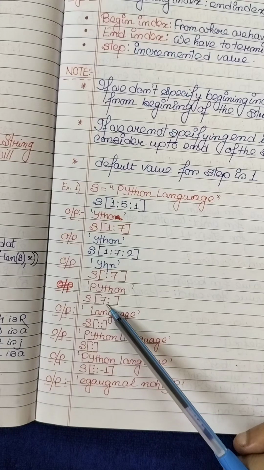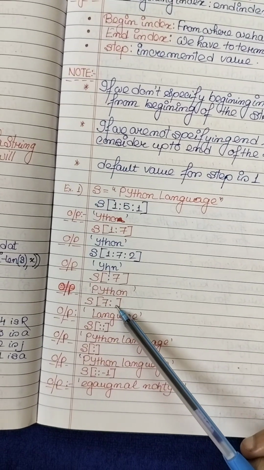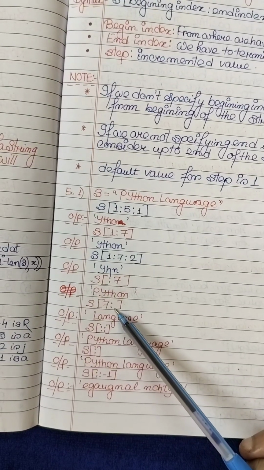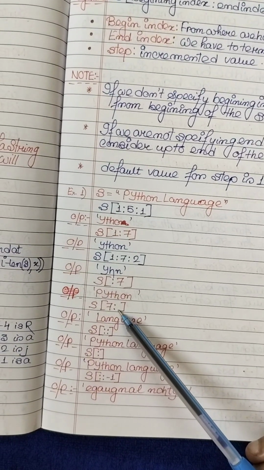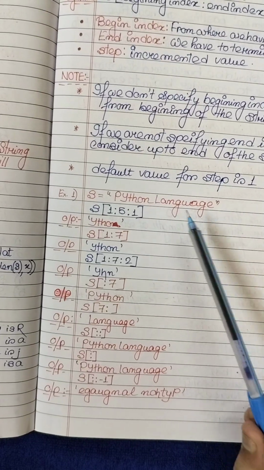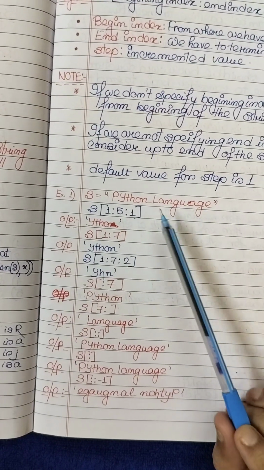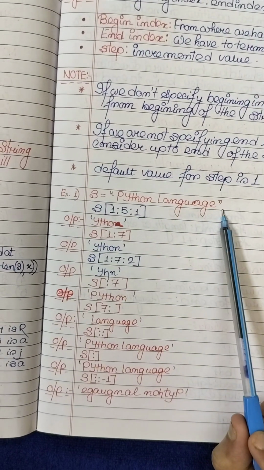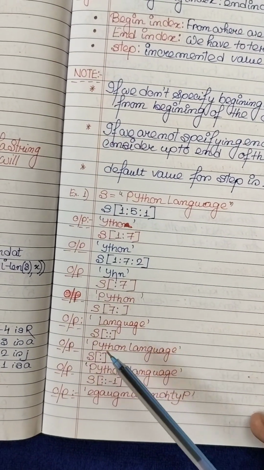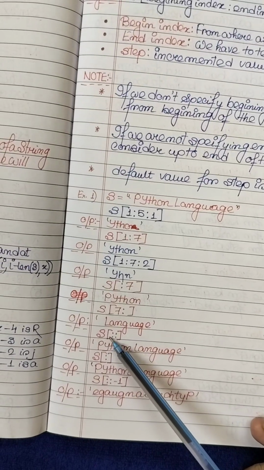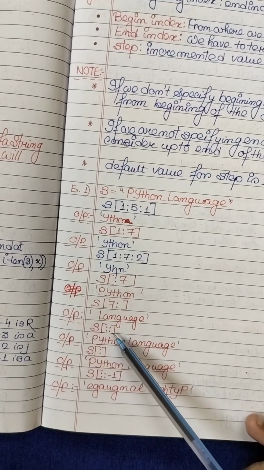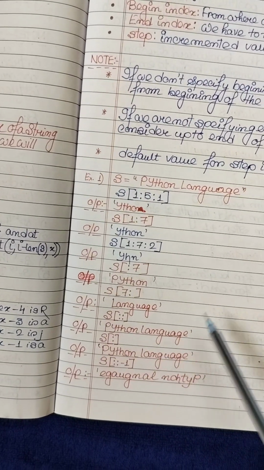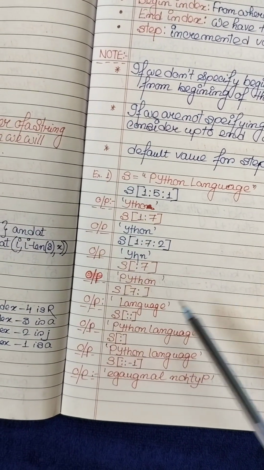If only the beginning index is given, then what will the end index be? If you do not specify the end index, it will consider up to the end of the string, so it will print the language part only, not Python. If beginning index, end index and step value are not given, the whole string is printed: Python language.